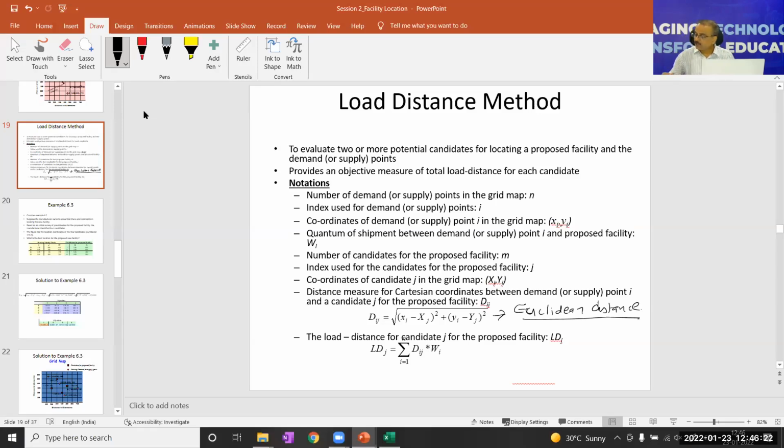So it's nothing but x minus x whole square plus y minus y whole square. And then based on the individual distances dij and the individual weights, we will try to find the load distance, and based on the minimum value of the load distance, we can select that particular location as the location for the new facility.